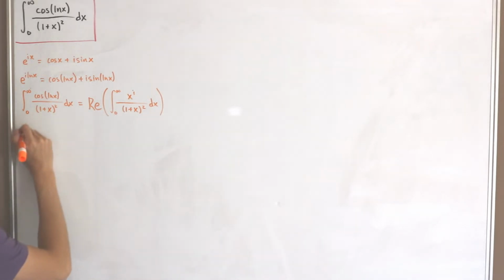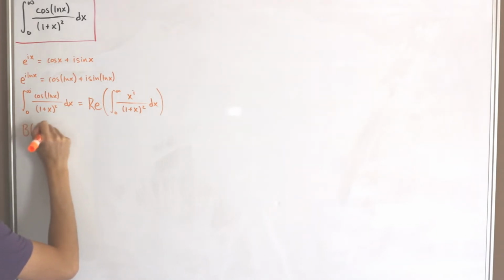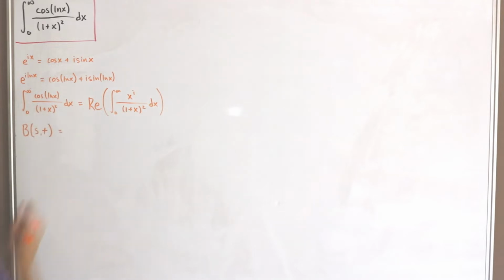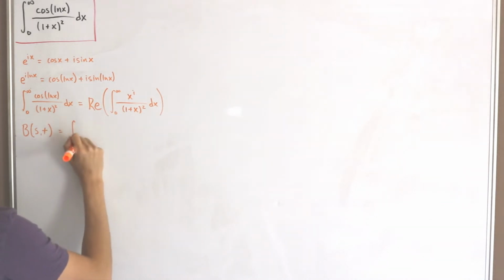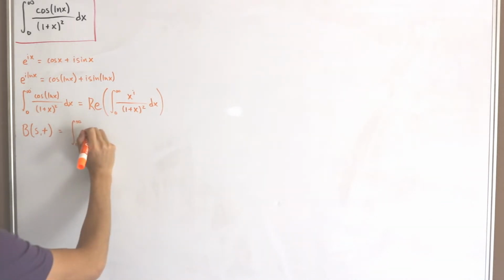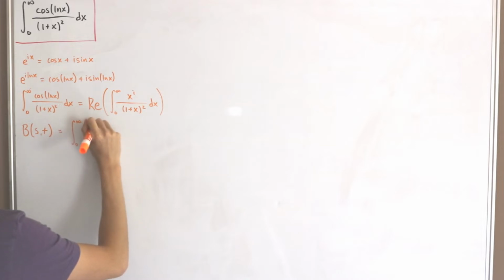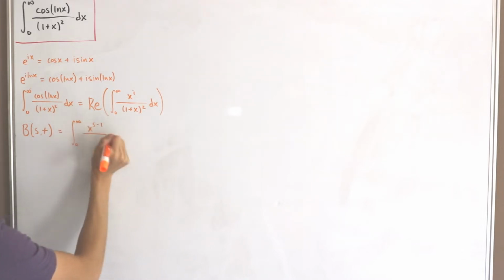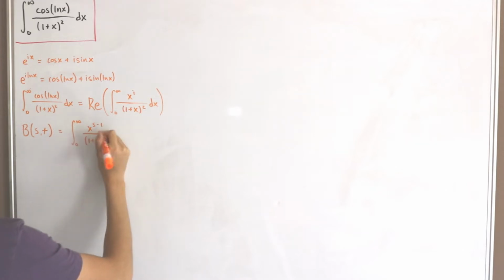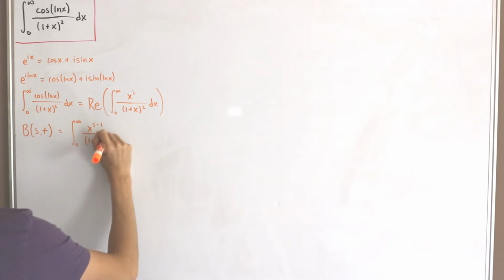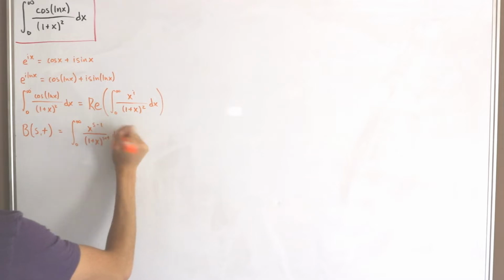This is the beta function, and it takes in 2 variables, capital B of s, t. I'm just writing down the definition: the beta function is defined as the integral from 0 to infinity of x to the power s minus 1, divided by 1 plus x to the power s plus t, dx.